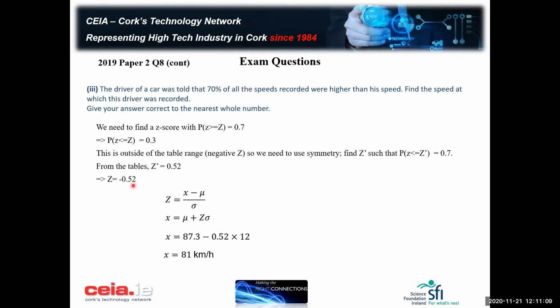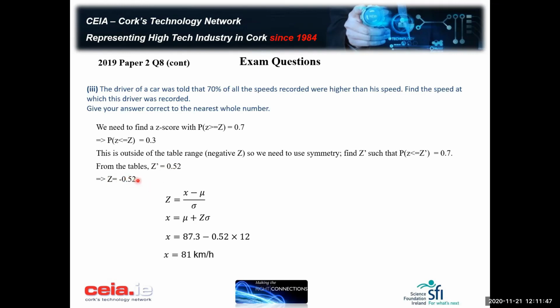Just to clarify what I've done there, for a z of 0.52, that tells you that 70% are less than 0.52, which means 30% are greater than 0.52, which means that 30% are less than minus 0.52, which means that 70% are more than minus 0.52.